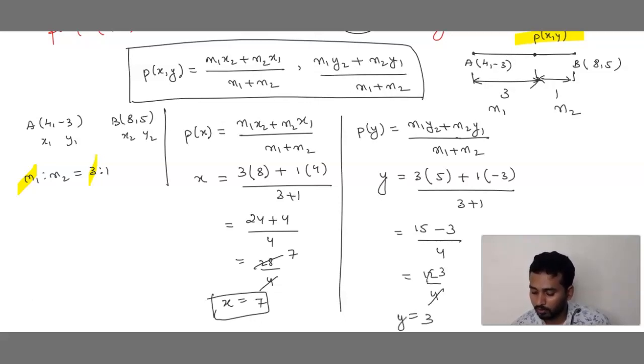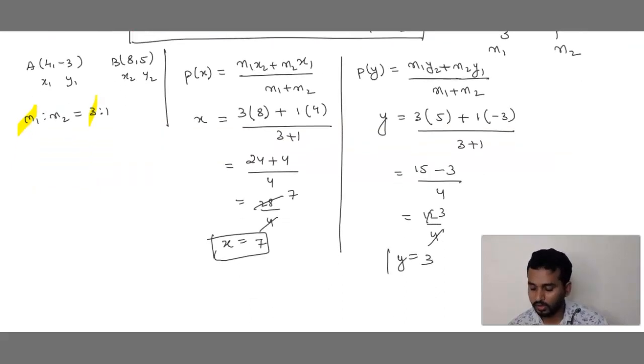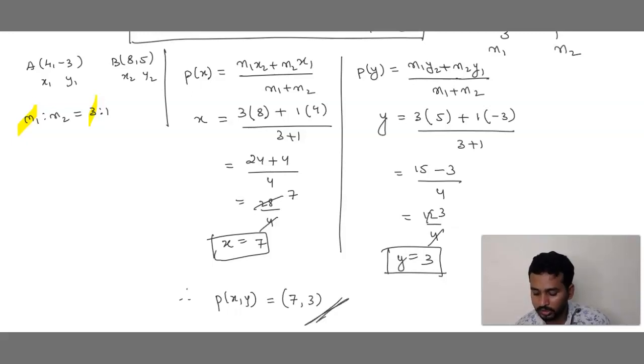So what is the value of y? The value of y is 3. So therefore P of x comma y, this is a point which divides the line AB in the ratio 3:1. That is P of x comma y is equal to 7 comma 3. This is our final answer.